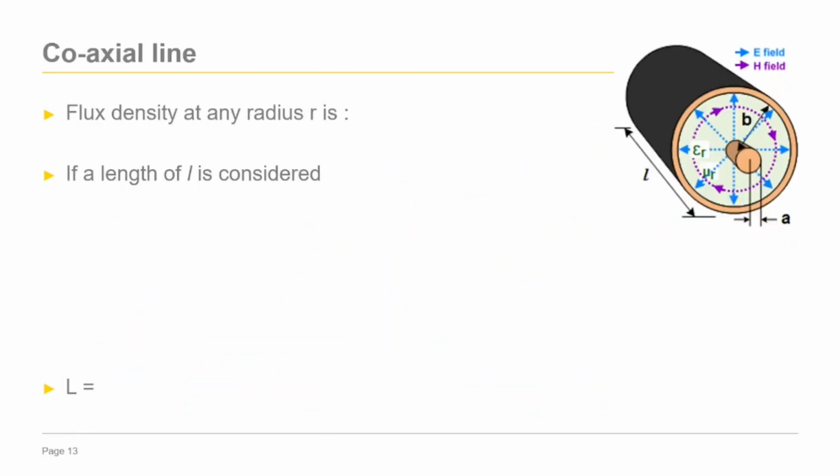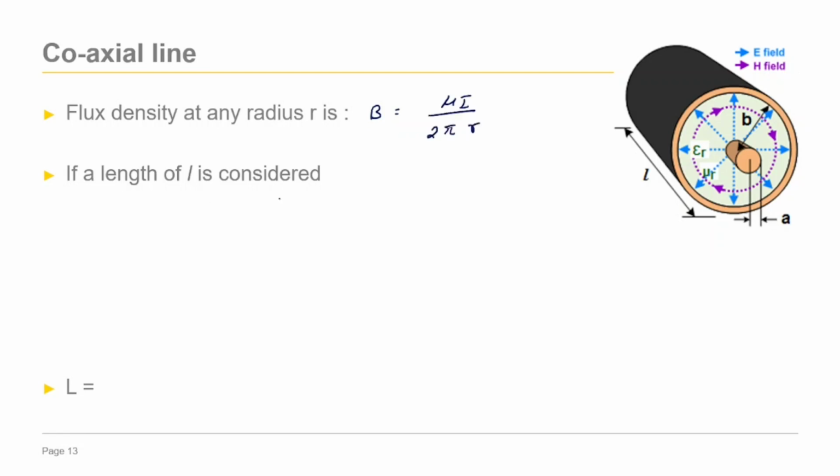Moving forward, trying to find the inductance in a coaxial cable. We already know what a coaxial cable is, which has an inner radius of a and outer radius of b. We can find the flux density at any radius r as B equal to mu I by 2 pi r.